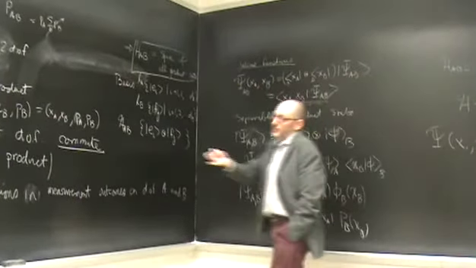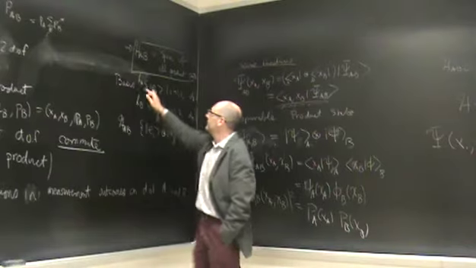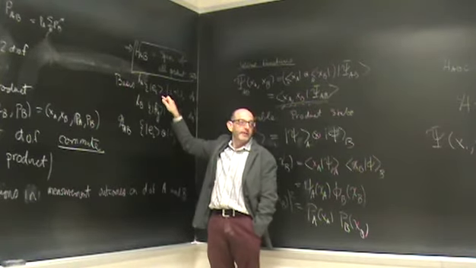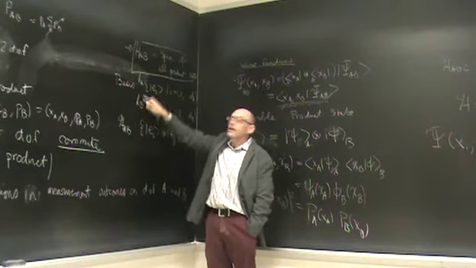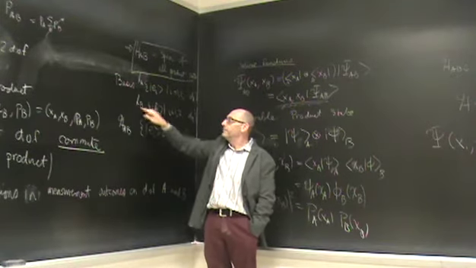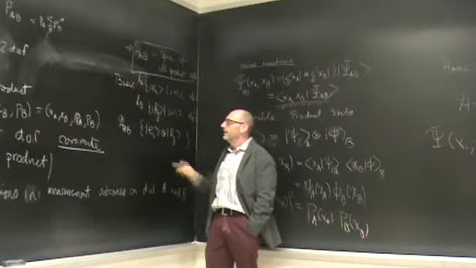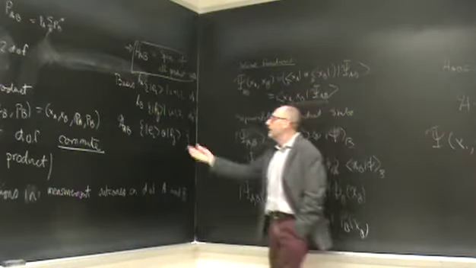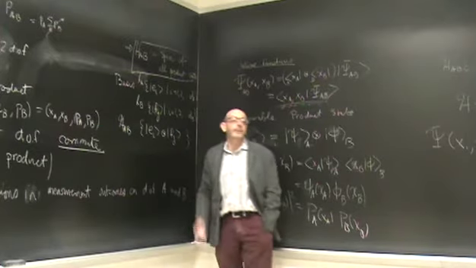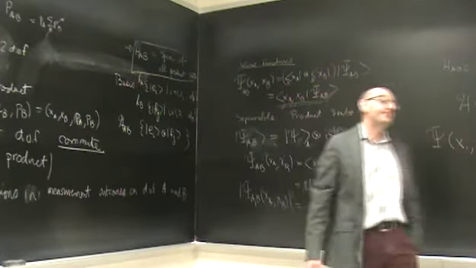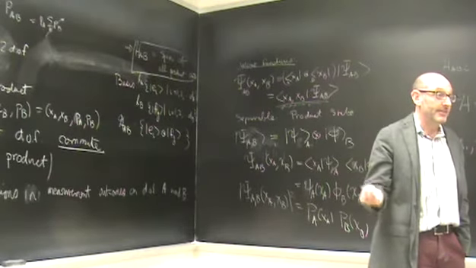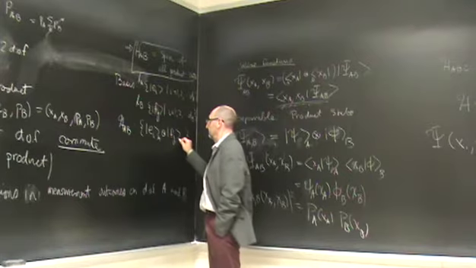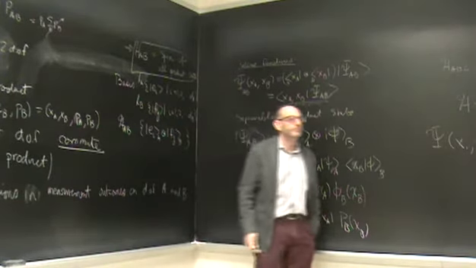If I have a basis for Hilbert space A, which has some vectors, and a basis for Hilbert space B, which has some vectors, then there always exists a product basis for the tensor product space. Again, not every basis need be a product basis, but I can always find a product basis by this construction. Okay?